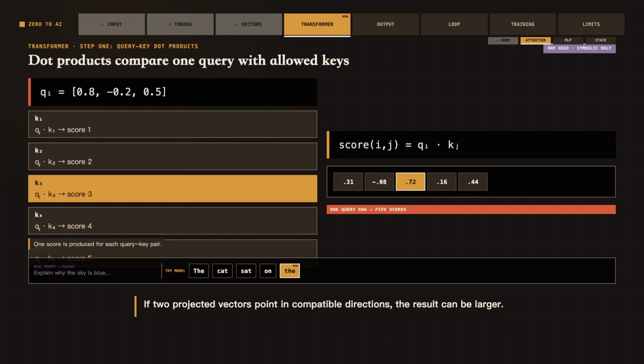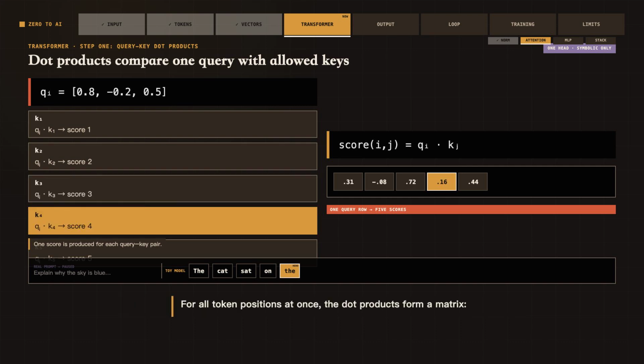If two projected vectors point in compatible directions, the result can be larger. Because the query and key projections were learned during training, the model learns which forms of compatibility are useful for reducing prediction error.